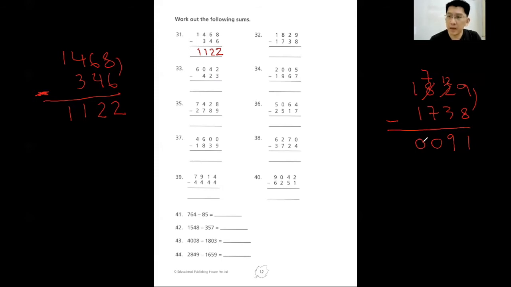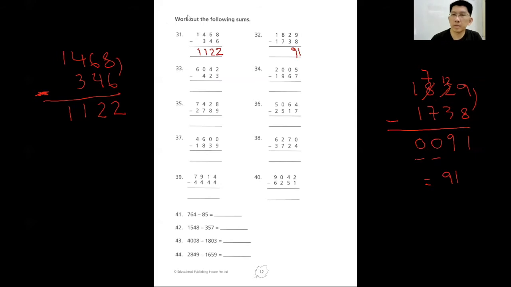Now, you don't have to write the 0 if it's in front. If there are 2 zeros or 1 zero in front, you can just get rid of the 0. So that is actually the same as 91. So we can write down here the answer is 91.